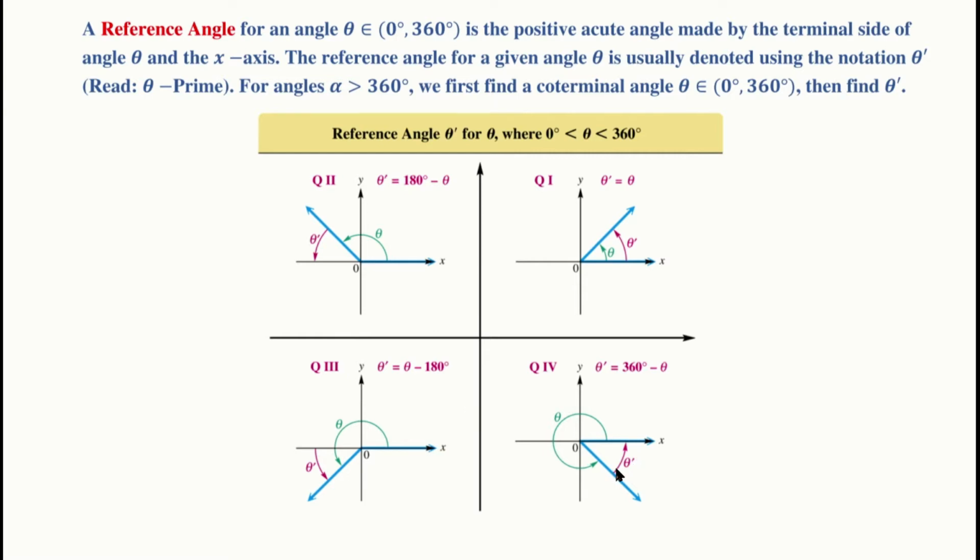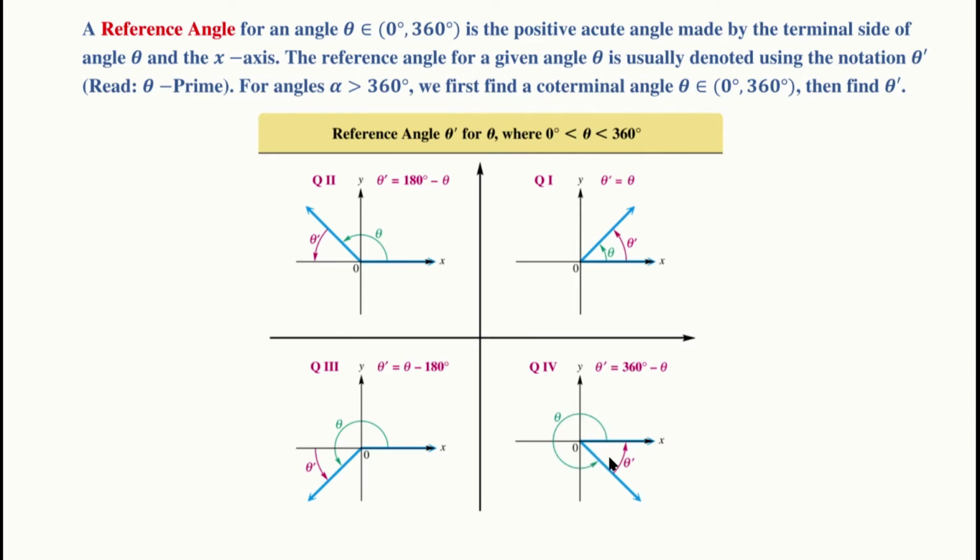Notice that for this fourth quadrant kind of an angle, here's the terminal side, and the smallest acute angle that it forms with respect to the x-axis will be right there, right? So notice that to get this reference angle for a fourth quadrant angle, we'd have to take the angle and subtract it from 360, because notice from here all the way around is 360.